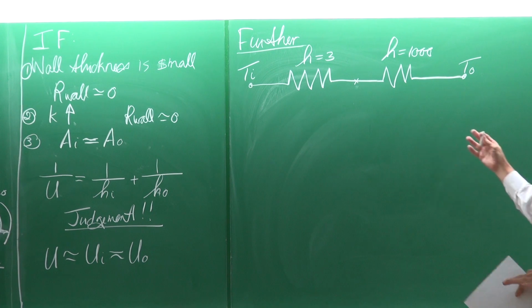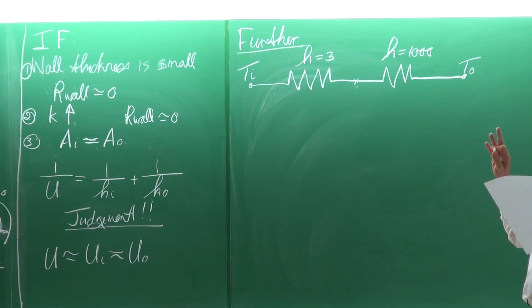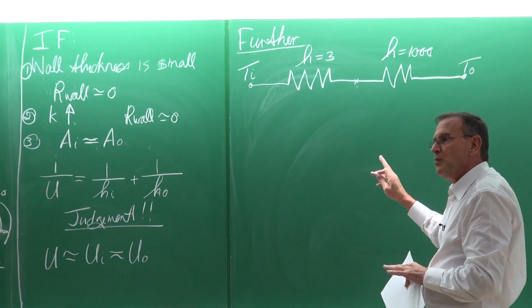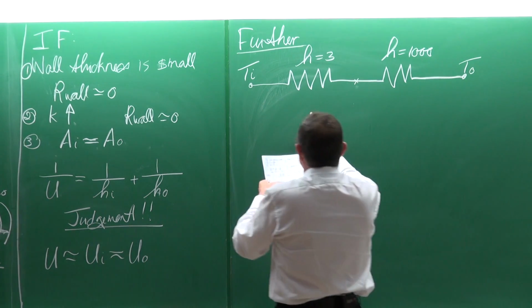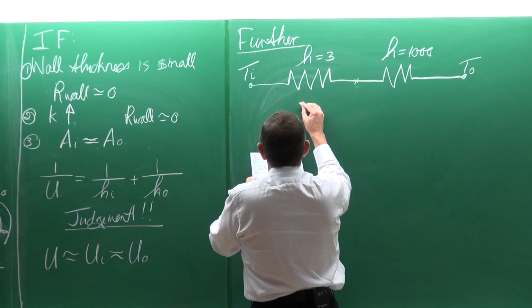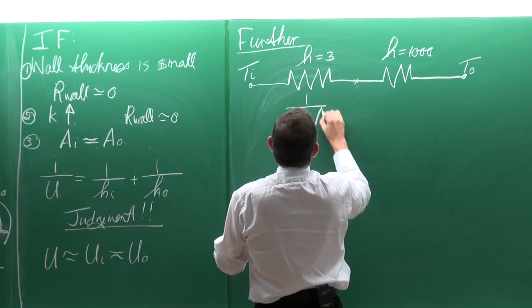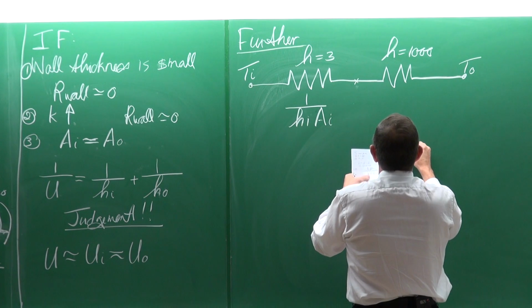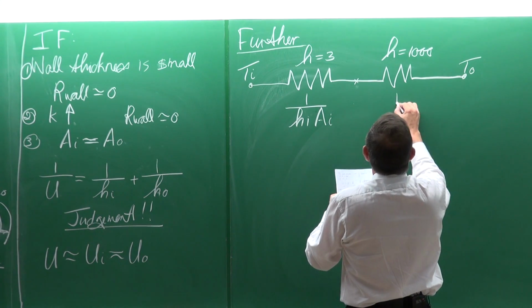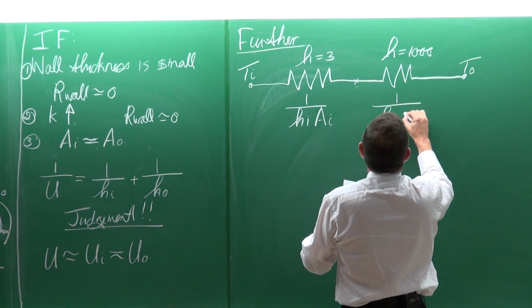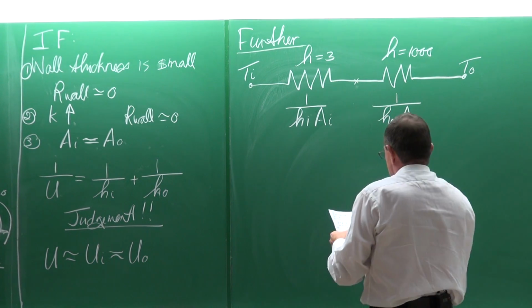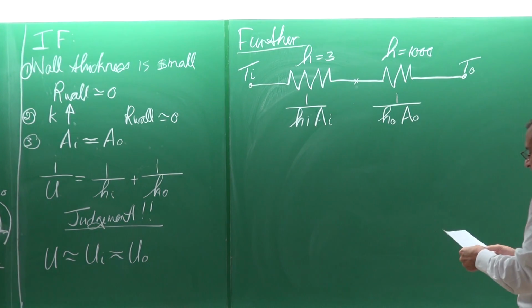If you as an engineer look at that, then it is something that is very important, because it would mean that this resistance is equal to 1 divided by the heat transfer coefficient on the inside and the area on the inside, and this one will be equal to 1 divided by the heat transfer coefficient on the outside and the area on the outside.